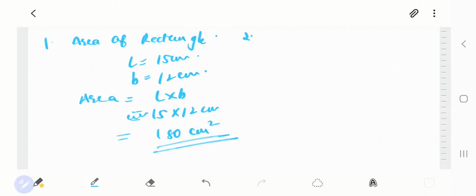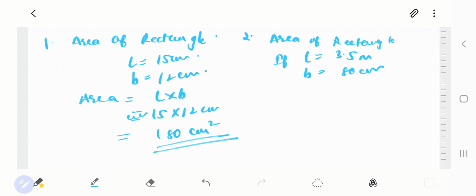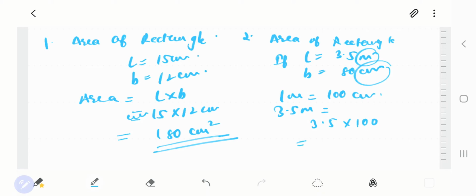Problem number 2, which says you have to find the area of a rectangle if length is 3.5 meters and breadth is 80 centimeters. My dear kids, first you have to make your units the same. 1 meter is 100 centimeter. So 3.5 meter will be 3.5 into 100, that makes 350 centimeter.